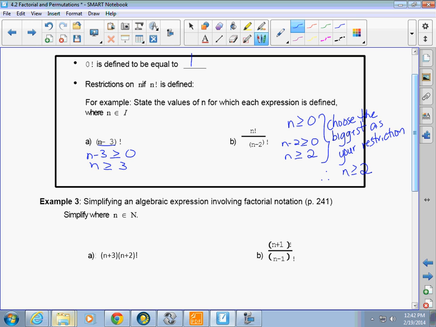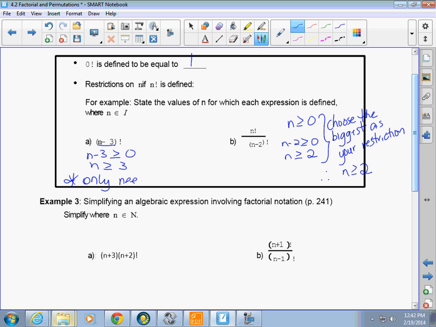One thing that you need to keep in mind is you only need to find a restriction if it's asking you to solve. If it's just saying simplify, you don't need to have a restriction. But if you have to solve, then you have to have a restriction. Okay? So maybe just make that little note here.